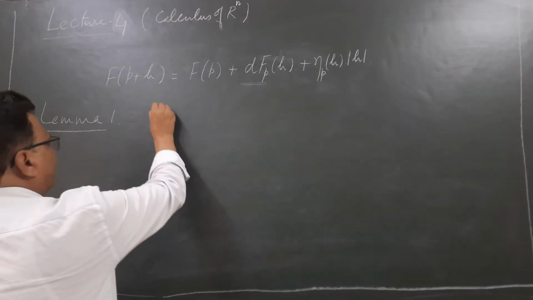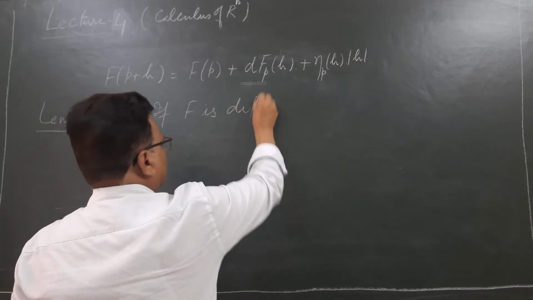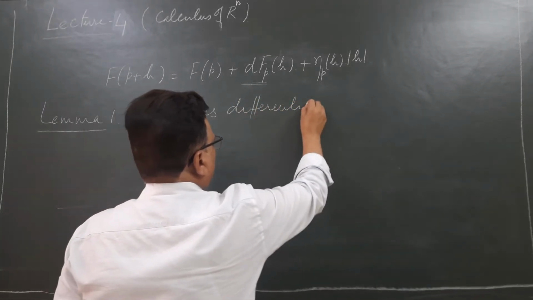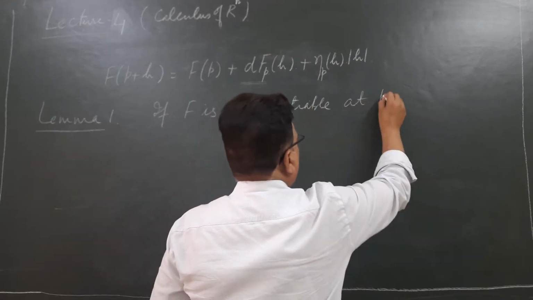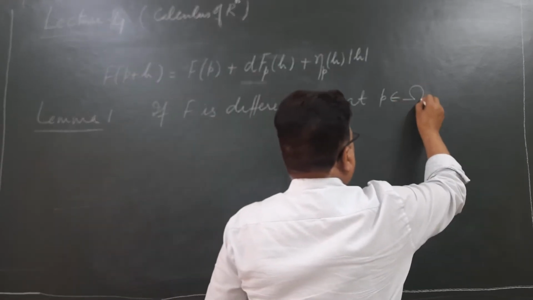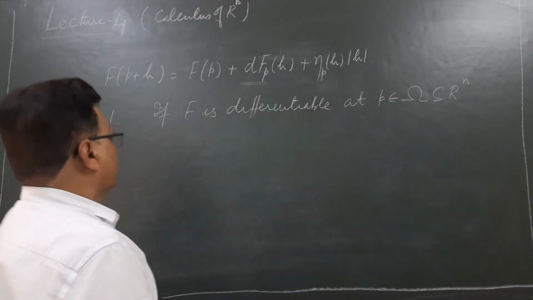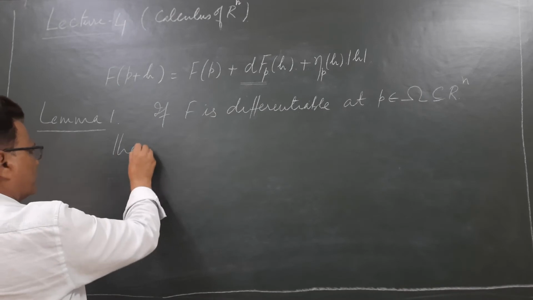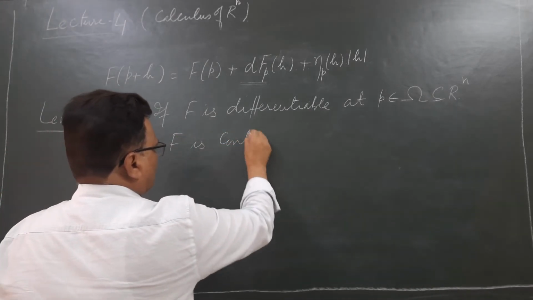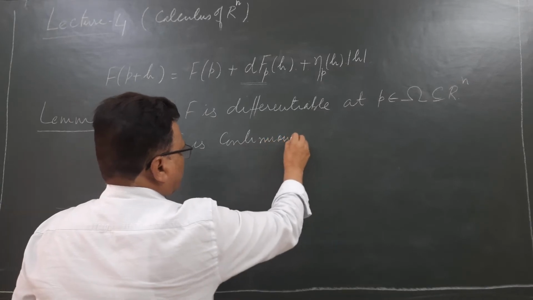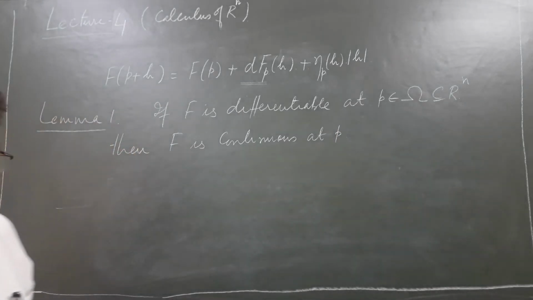It says that if f is differentiable at p, then f is continuous at p.